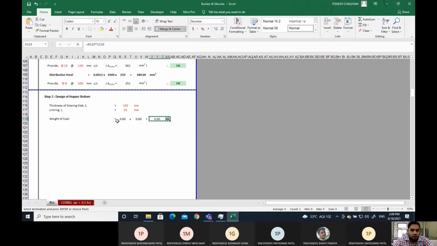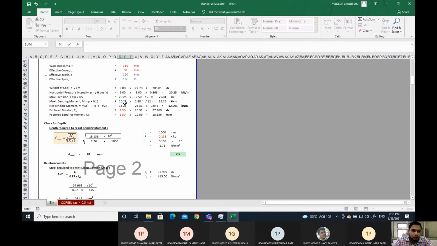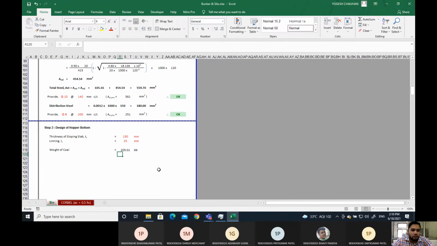Simply formulate it again because it has already been calculated here, so you can just input it from there. So this is the total weight of the coal.